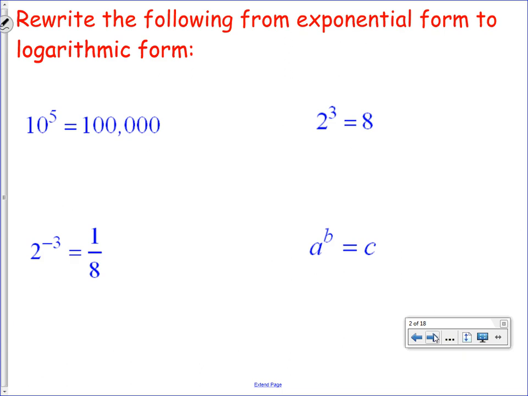So here we're just going to look at some examples on how to convert to logarithmic form. When you're converting to a logarithm, I like to call it the drop and switch. Here's my previous example, 2 to the third power equals 8. That would become log base 2 of 8 equals 3. So you drop the base and then you basically switch your input and your output.